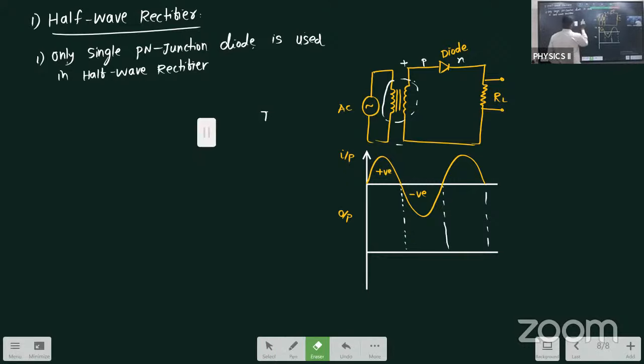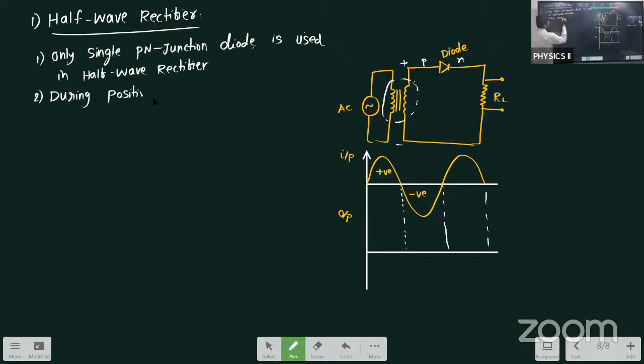So see here, what is the first point I am going to write? During positive half cycle. Which type of cycle? Half cycle or full cycle? This is half cycle only. During positive half cycle, the diode is in forward bias or reverse bias?